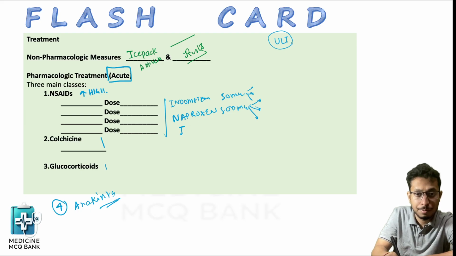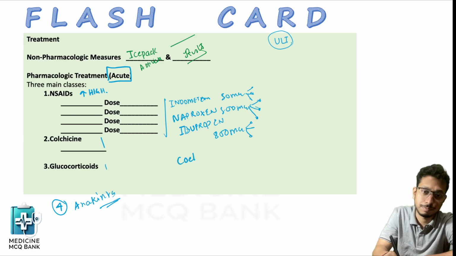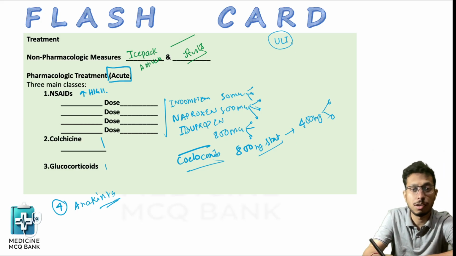For ibuprofen, we usually prefer 800 milligram thrice a day. And for celecoxib, initially we give 800 milligram stat dose, followed by 400 milligram BD. Okay, so this is the usual dosage.